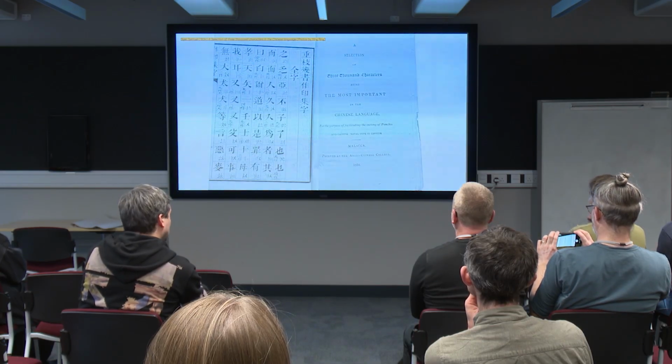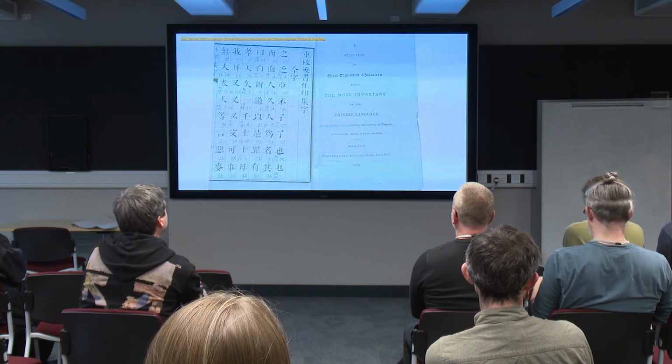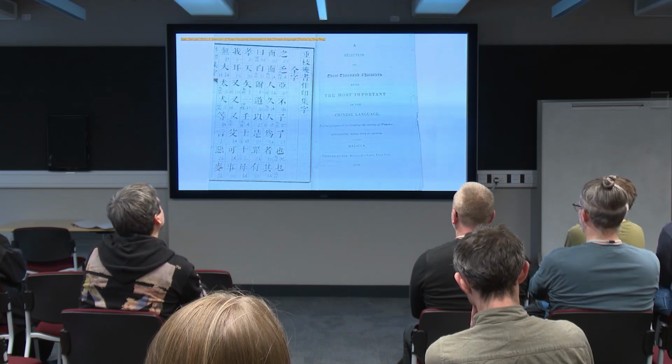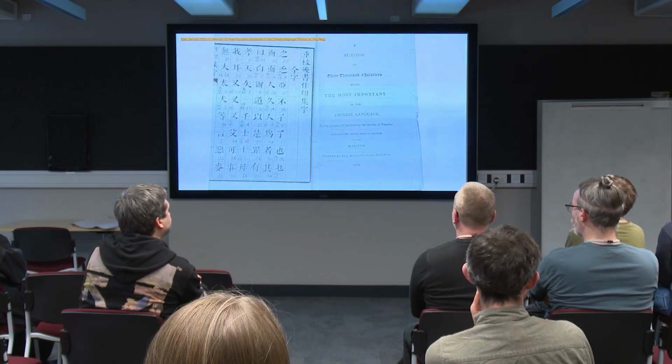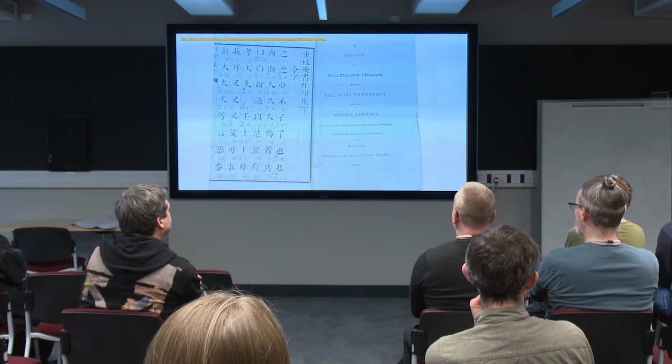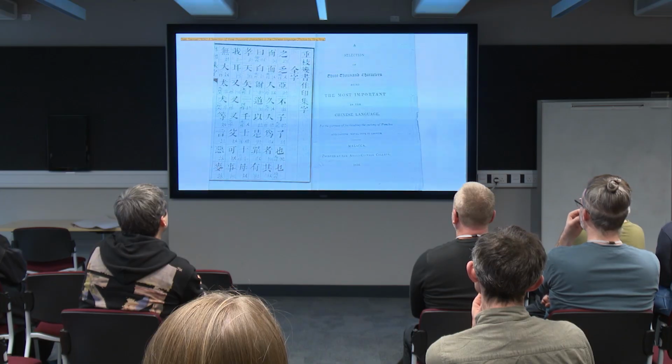Using this data, Hong Kong type focused on the 3,000 most used characters first, rather than attempting to create a single enormous set. It was a major innovation, one of the first evidence-based approaches to designing a Chinese character typeface.